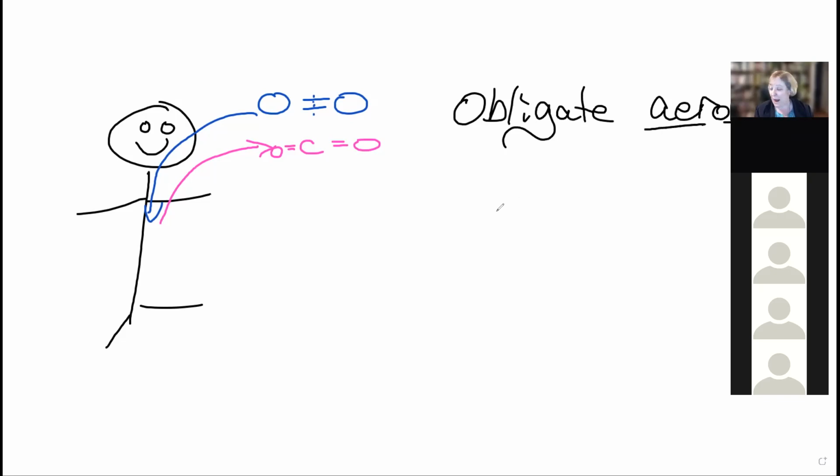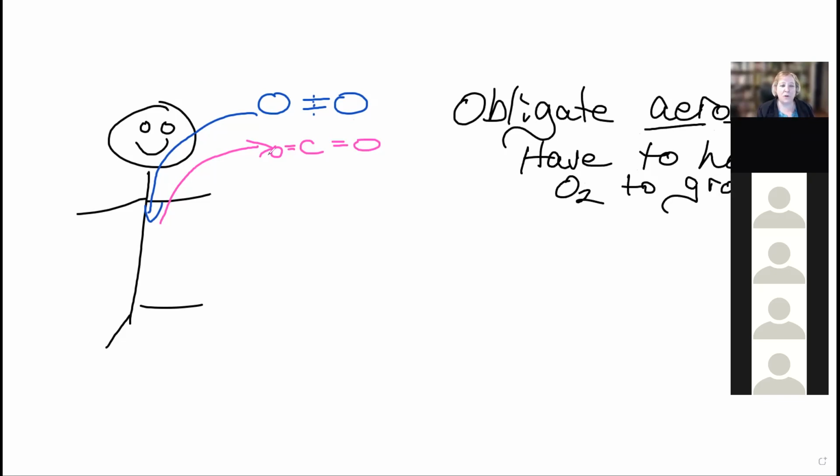Aero for air. We didn't know what part of air they needed, but now when we talk about obligate aerobes, those that have to have oxygen, and I'm going to abbreviate that as O2, to grow.